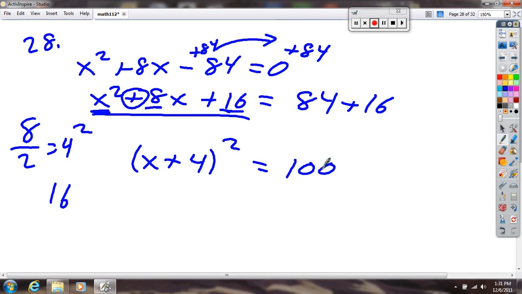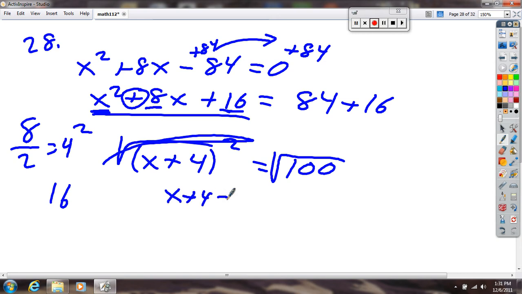I don't want the square, so I take the square root of both sides. Square root and square cancel, leaves me x plus 4 equals, what's the square root of 100? Plus and minus 10. Subtract 4 on both sides, they cancel, so this is x, this is my answer.